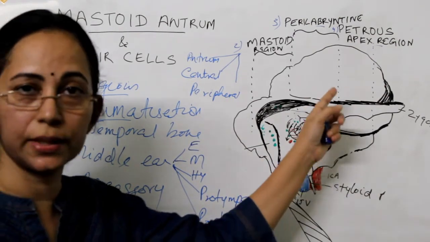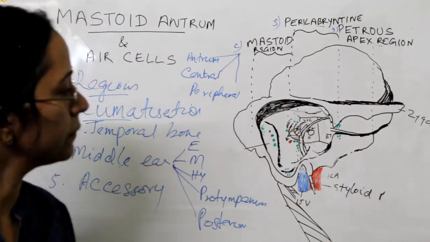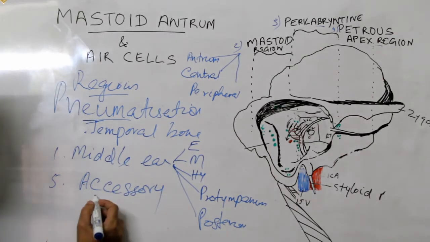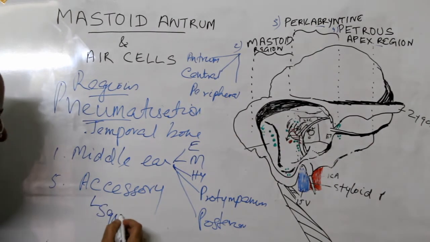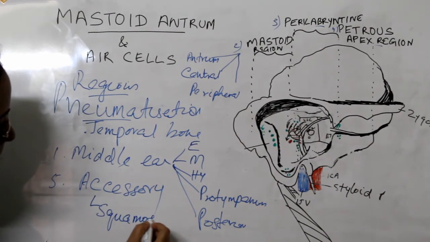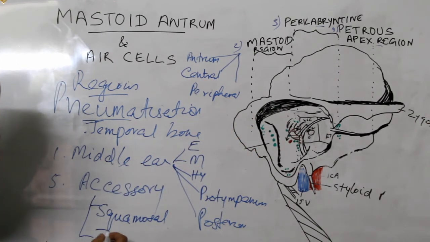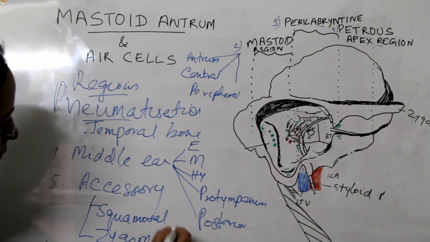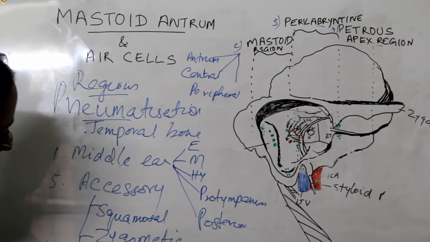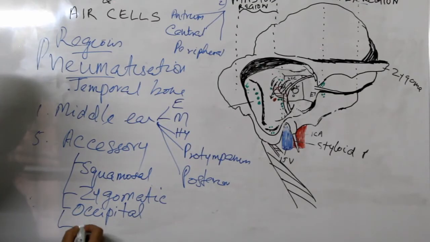So both tubal as well as apical cells are included under the petrous apex region, and in the accessory comes squamous cells, then zygomatic, occipital, and styloid.